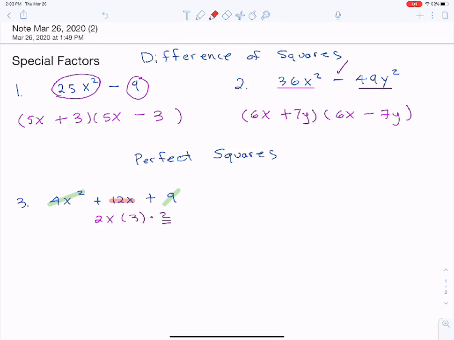So let's see. 2x times 3 is 6x. 6x times 2 is 12x. Yep, it works. Once you know that you have a perfect square, then all you do is take the square of the first, sign of the second, square of the last, quantity squared.